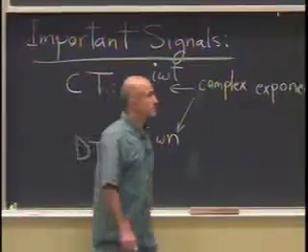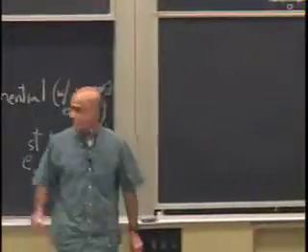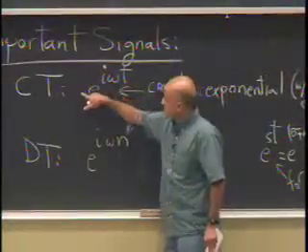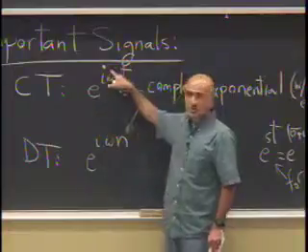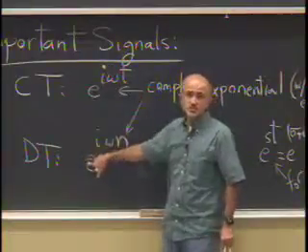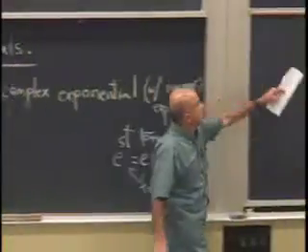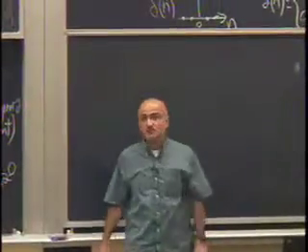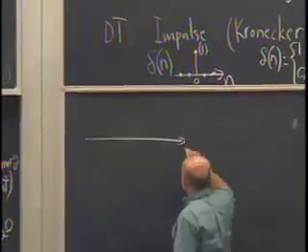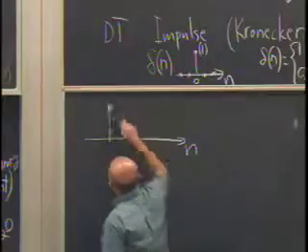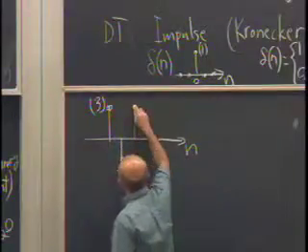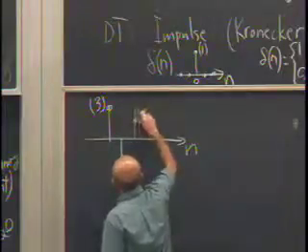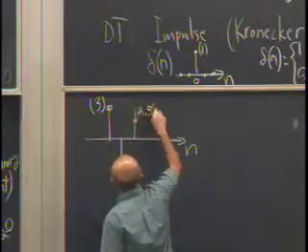Think of it in another way. I told you that we can break down signals into combinations of these complex exponentials, both in continuous time and discrete time. That's much easier to imagine with this signal. Let's say I have a discrete time signal with values 3, minus 1, 2.5.